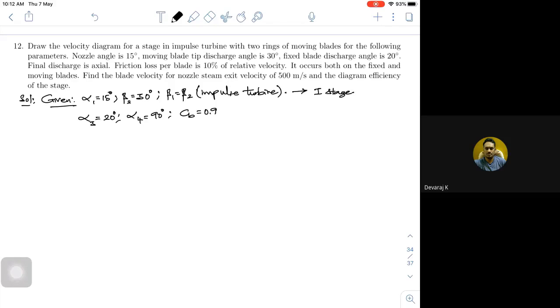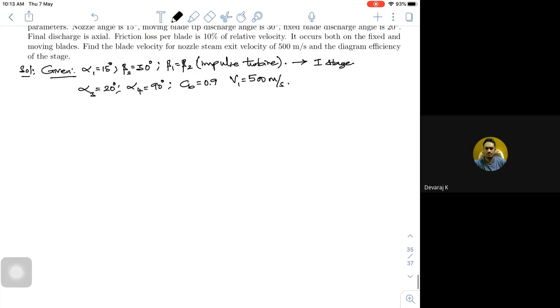And they have given V1 as 500 meters per second. This problem can be solved both graphically as well as using trigonometric principles. Whatever it may be, the procedure remains the same. So we'll try to do both ways.